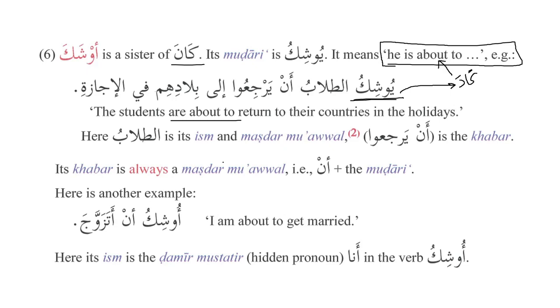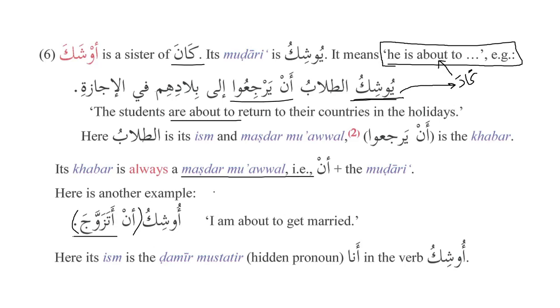Ushiku an atazawwaja, I am about to get married. So as we can see here, yushiku at-tulabu an yarji'u, and similarly here, ushiku an atazawwaja. Again, we can see that here the khabar is masdar. It is masdar al-mu'awwal that we have learned already in the previous lessons.